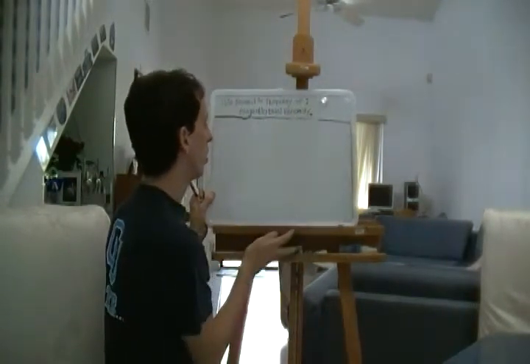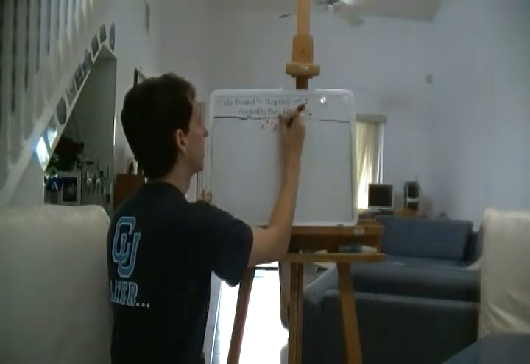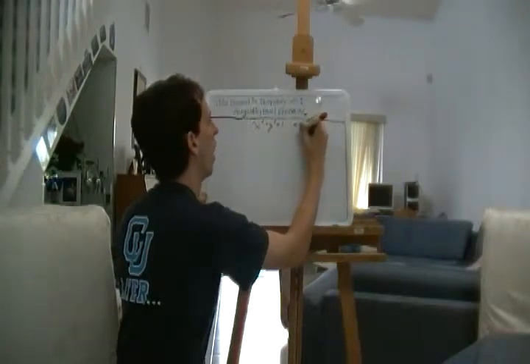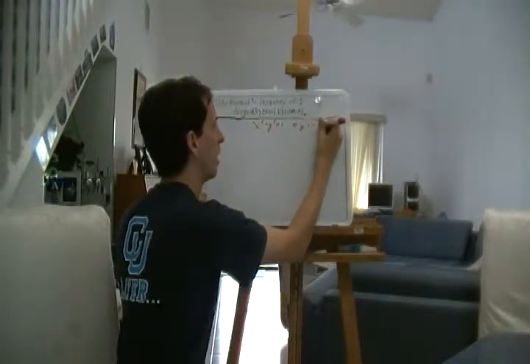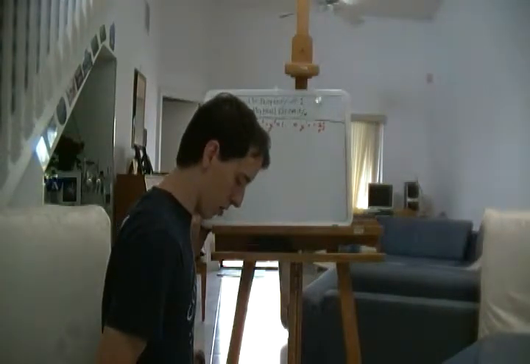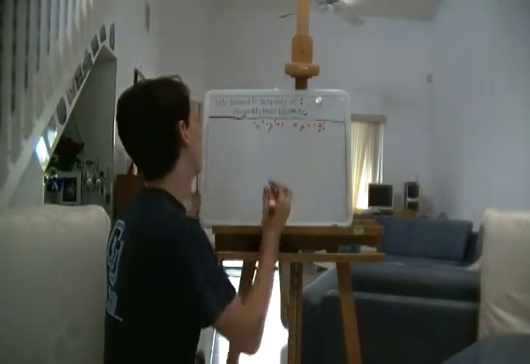Remember, we've got the original equation, x to the 6 plus y to the 6 equals 1, and we have the derivative, y prime equals negative x to the 5th over y to the 5th. Now, we find the second derivative.